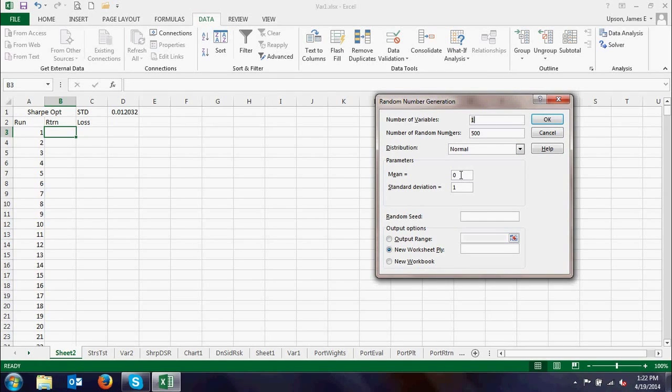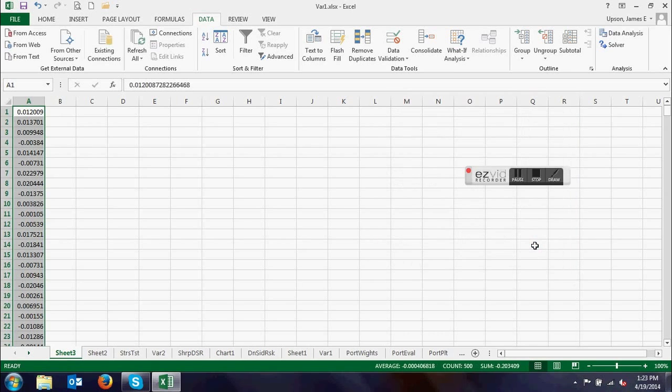The mean is going to be 0, but the standard deviation is 0.012032. Okay? And our output range here. Well, not quite what I was looking for.